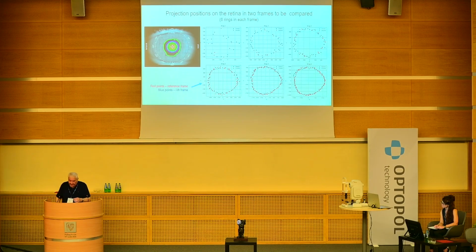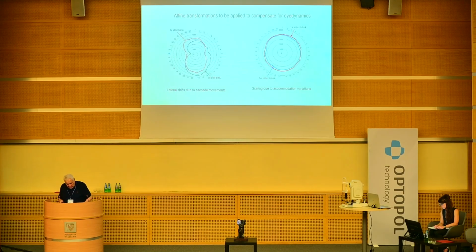So in each frame, you may compare the position of the reference and of the current frame. And from this information, you can reconstruct and follow the tear film up to the breakup.